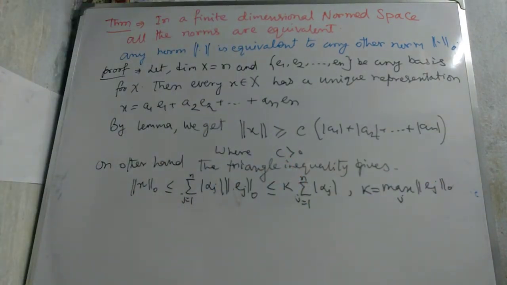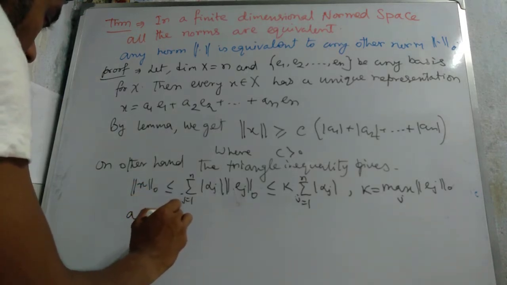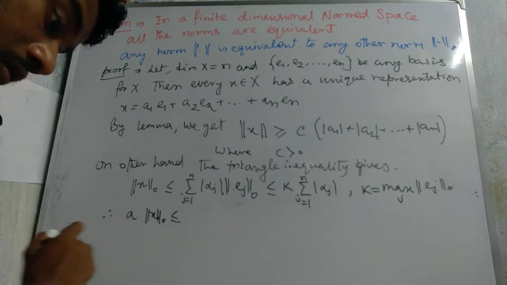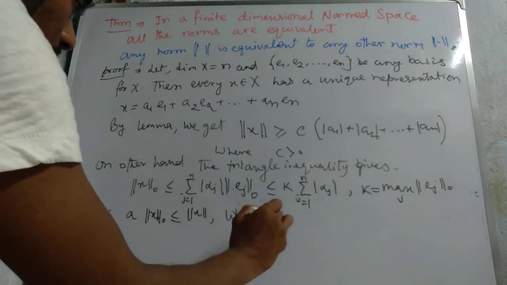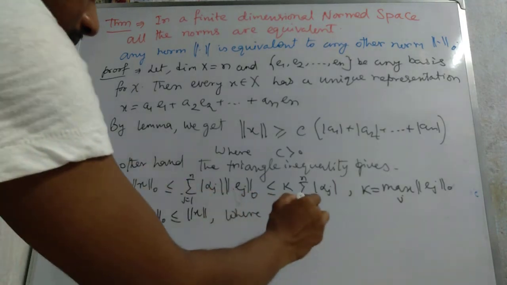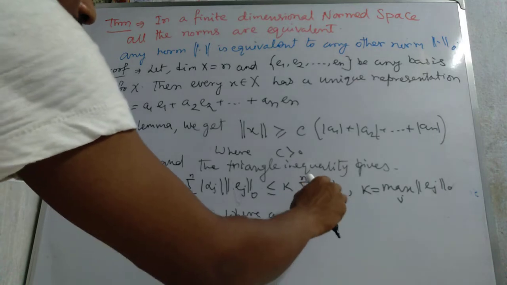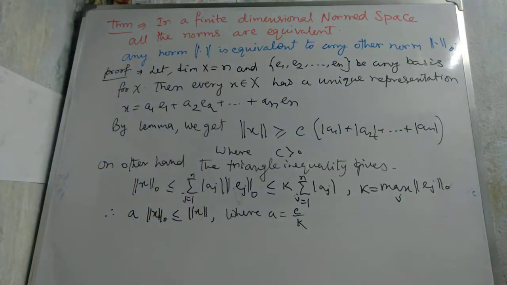Now we proceed. Then we prove that a times norm of x0 is less than or equal to norm of x, where a equals c by k. Here it is not alpha j, we construct aj.